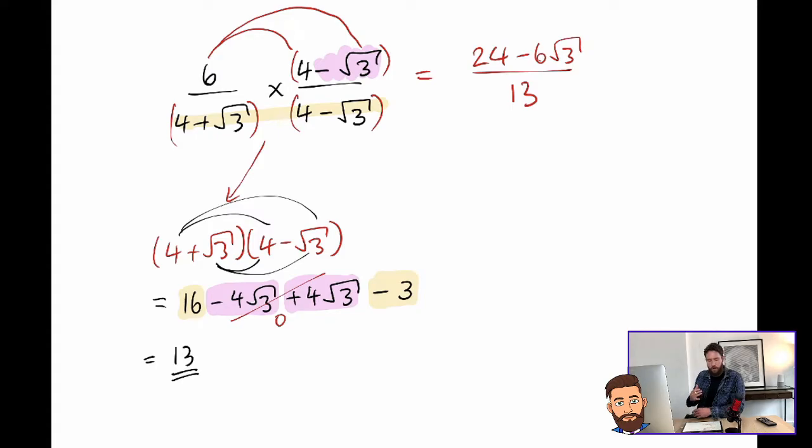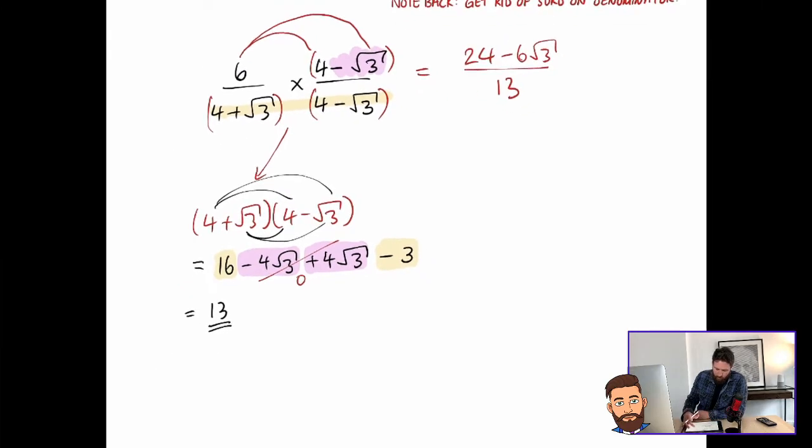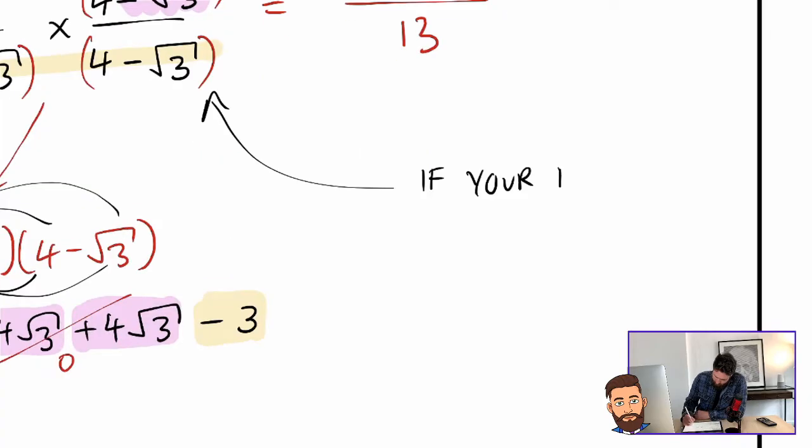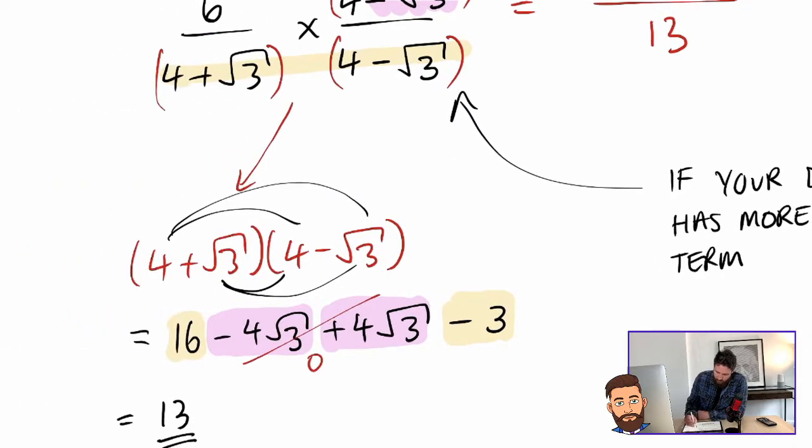So the trick, when you have more than one term, and I think we should write this. Definitely write this, I reckon. So we're going to say, if your denominator has more than one term, so in our case we had, when I say term I just mean a 4 and a root 3.